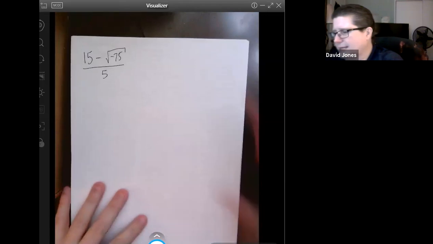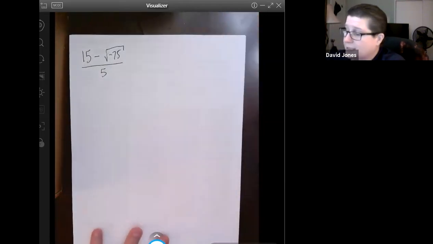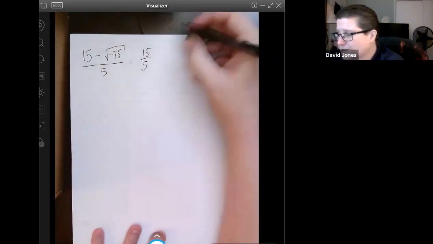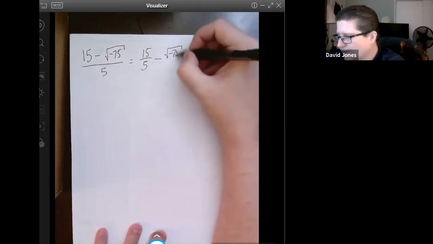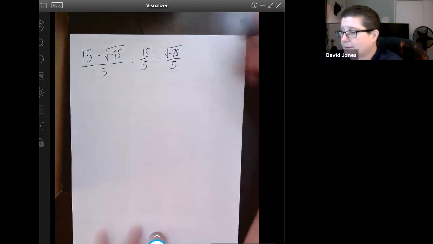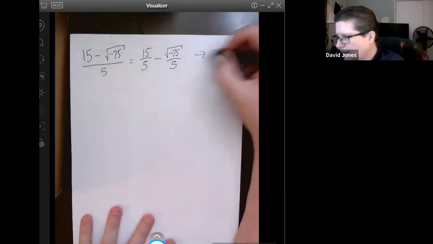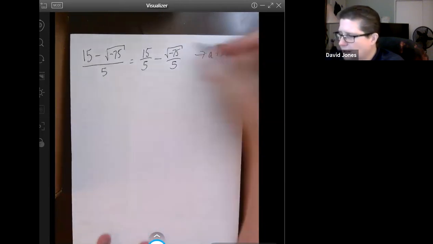Well, it's a good idea, since I've got two things subtracted in the numerator, to split this fraction into two fractions: 15 over 5 minus the square root of negative 75 over 5. And this is kind of like the form a plus bi. That's what we're aiming for.